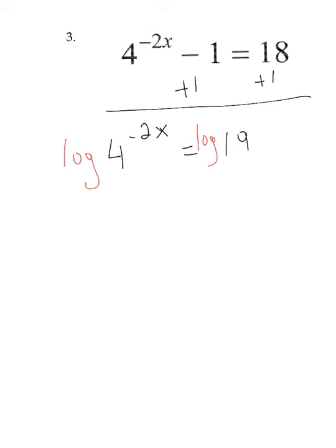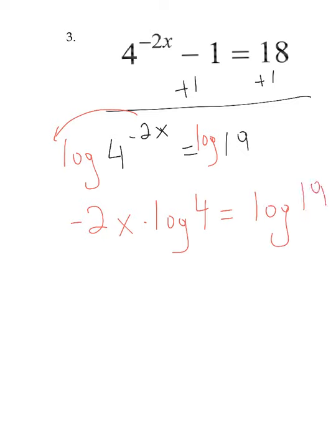Using the power rule, I get negative 2x times log 4 equals log 19.